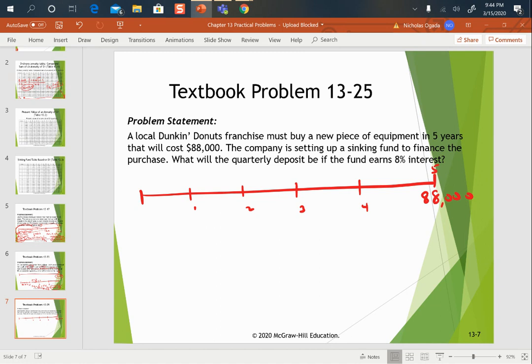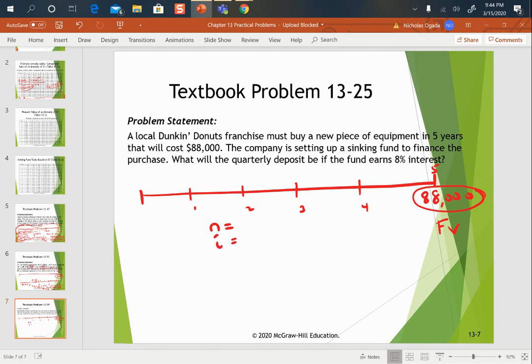So if you think about it, this represents a future value. Again, this is a sinking fund problem, and there are two ways to do it. One is to determine what our N is and determine what our I is.